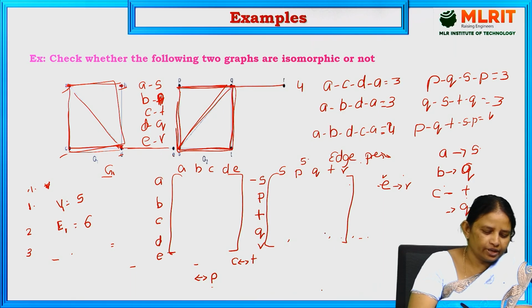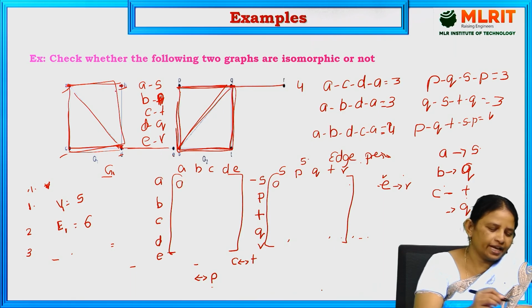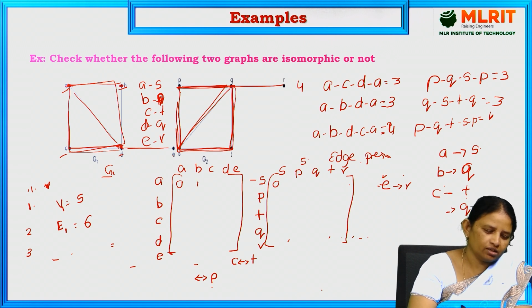Next, A to A, no edge. Then S to S, no edge. A to B, edge is present, 1. S to P, edge is present, 1. Next, A to C, edge is present. S to Q, edge is present.